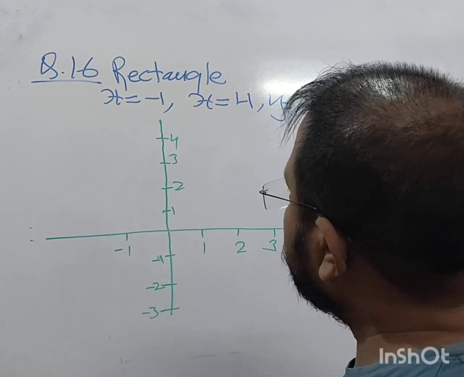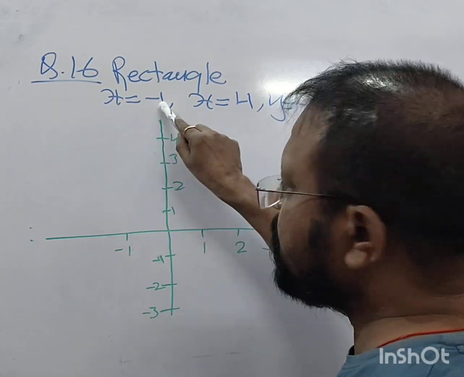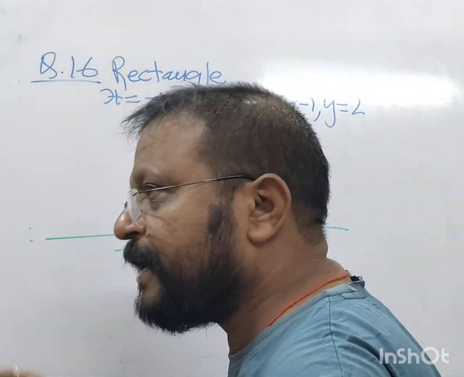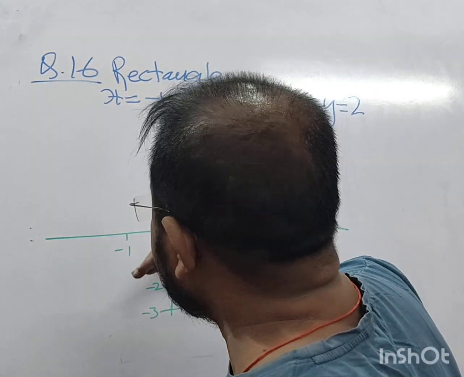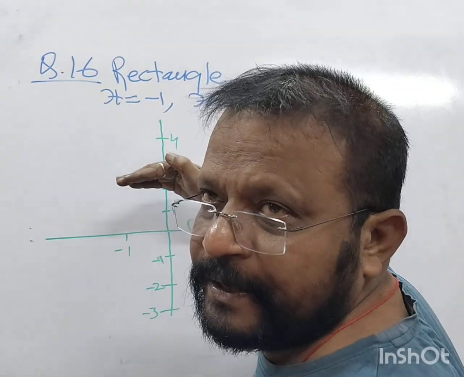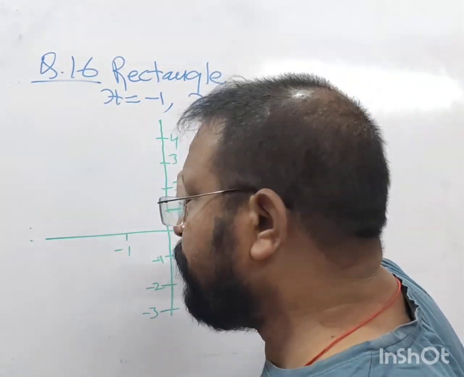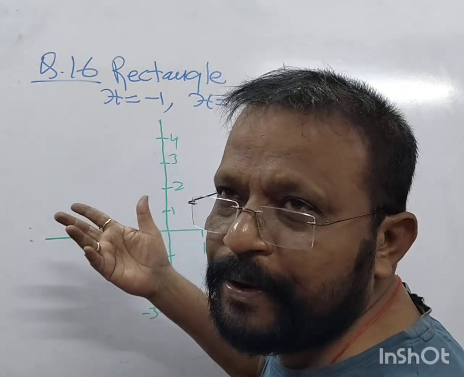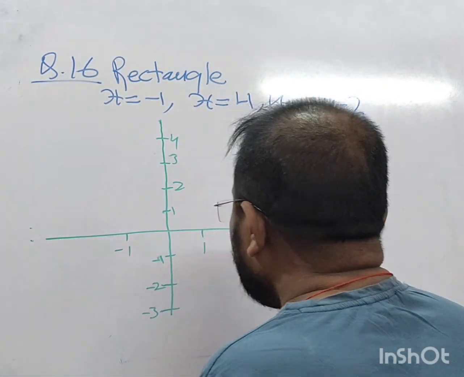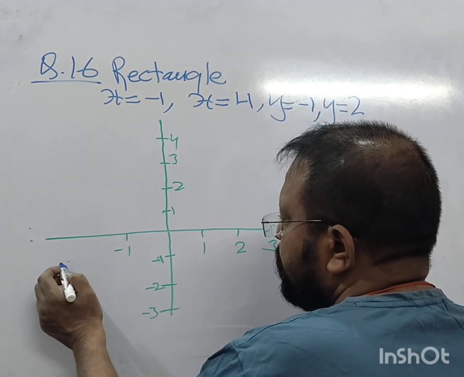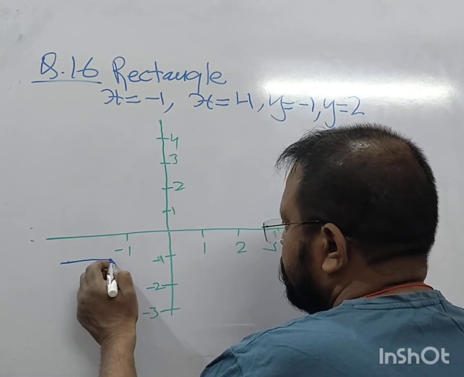Okay, they are saying x is equal to -1. What is the meaning? For any value of y, x is equal to -1.